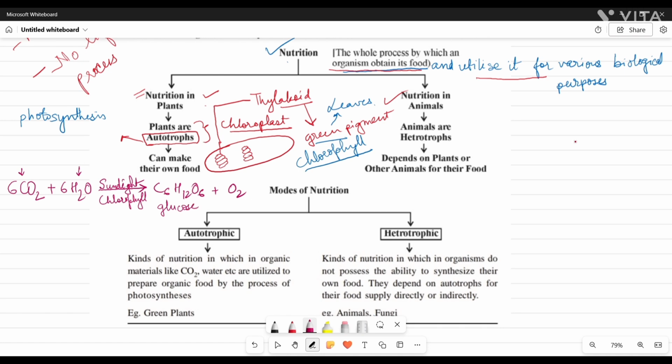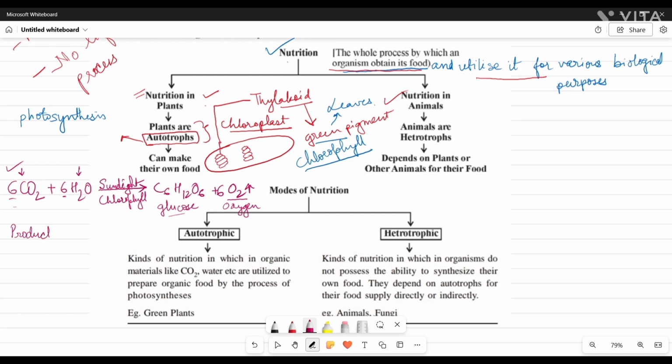While making this magic potion, they also make this magic gas known as oxygen, which is required for almost all the living organisms on this world to survive.